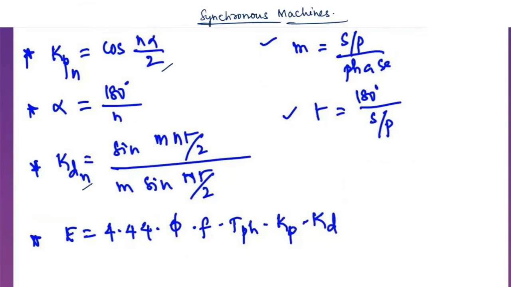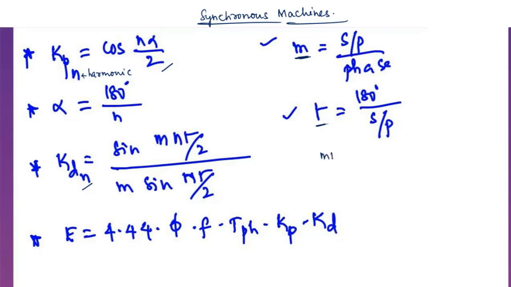And the distribution factor to eliminate nth harmonic is sin m n gamma by 2 divided by m sin n gamma by 2, where n is nothing but the harmonic component. Okay, so m is the phase belt, slots per pole per phase, and gamma is the slot angle, 180 by S by P.